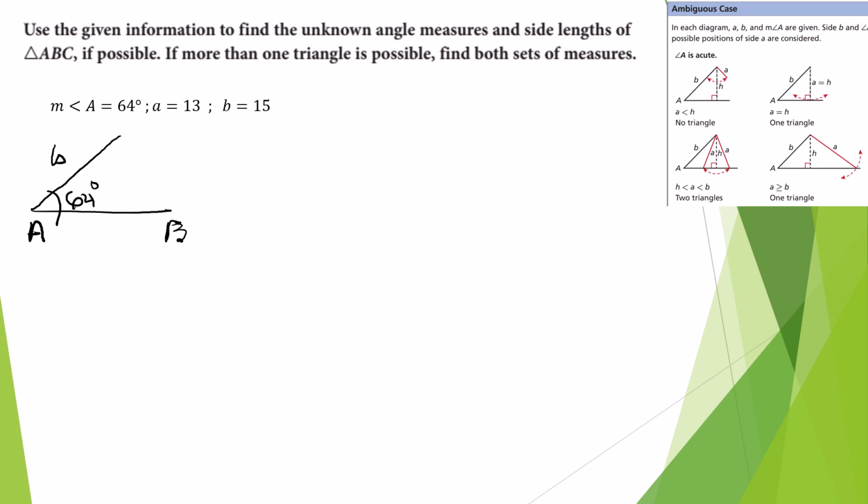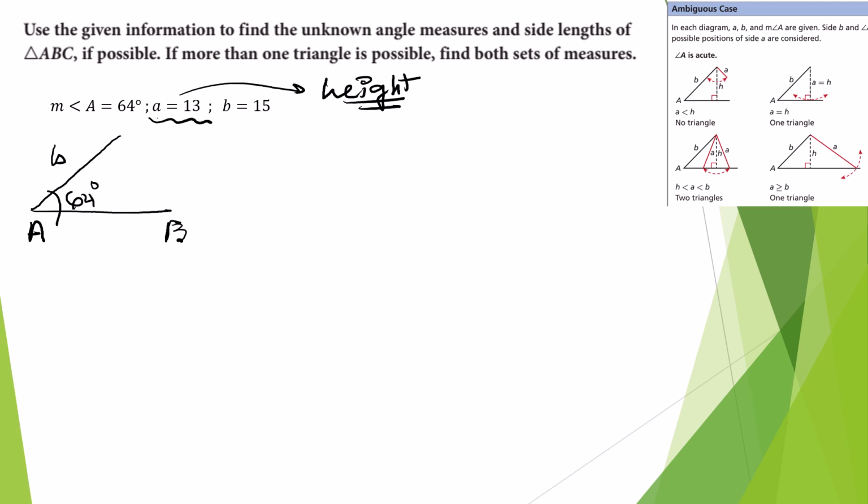We know that in all the ambiguous cases, it is very important to make the relationship of this side with the height. Until we know the height, our hands are tied. I explained in the previous video how we can find the height using the trigonometric identity.